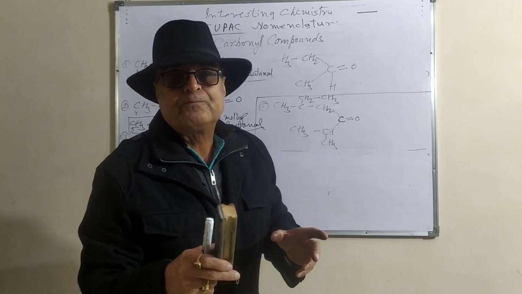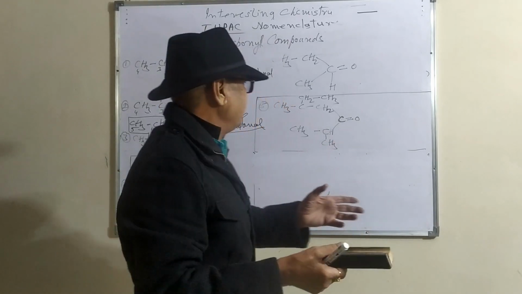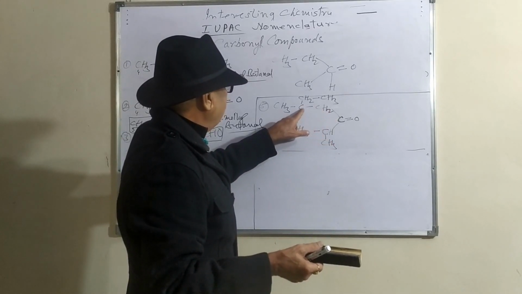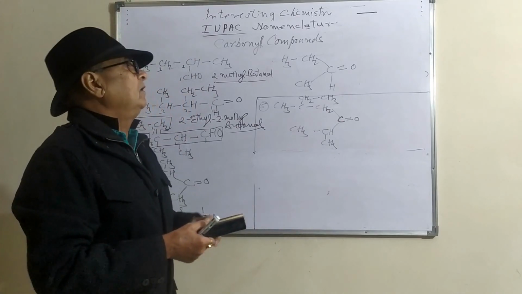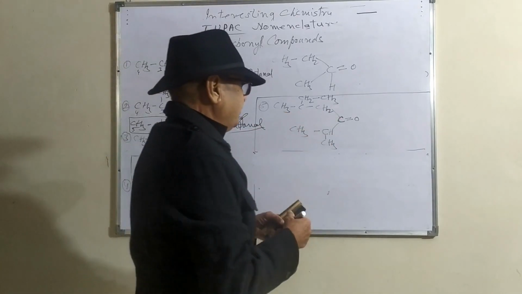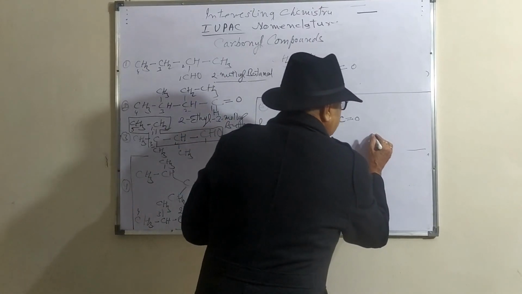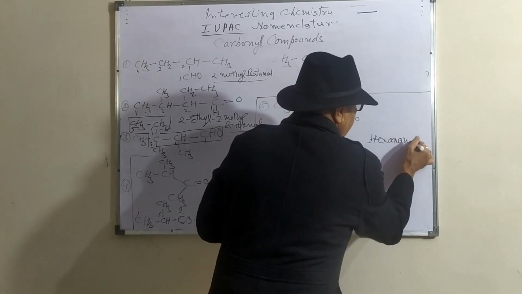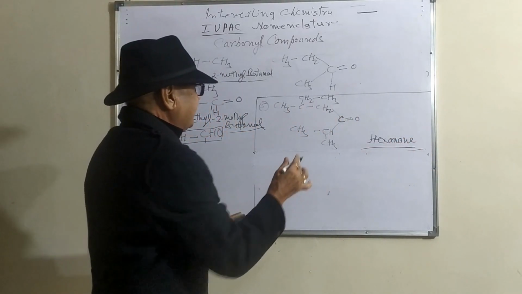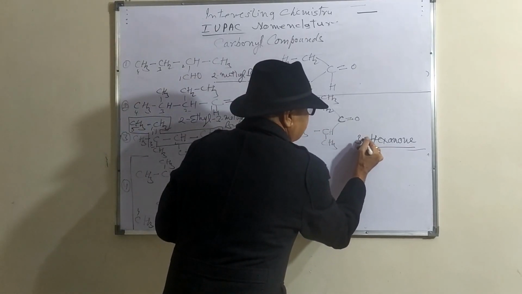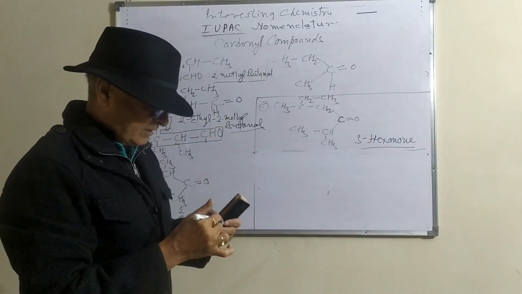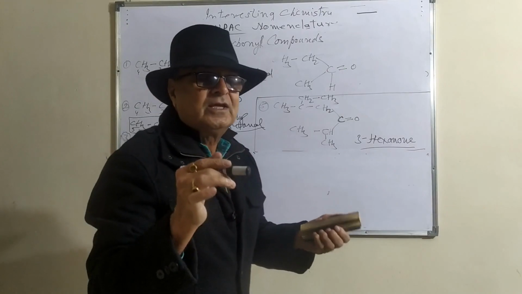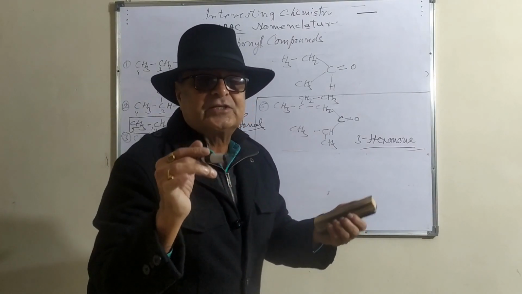So now first select the longest chain including the CO group: 1, 2, 3, 4, 5 and 6. So it is hexanone, and again it is 1, 2, 3, so 3-hexanone. Again check whether you have selected the longest chain correctly or not.